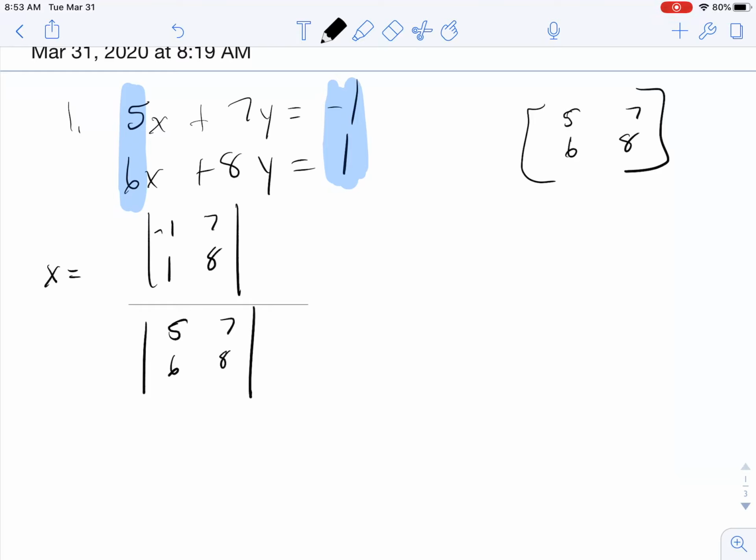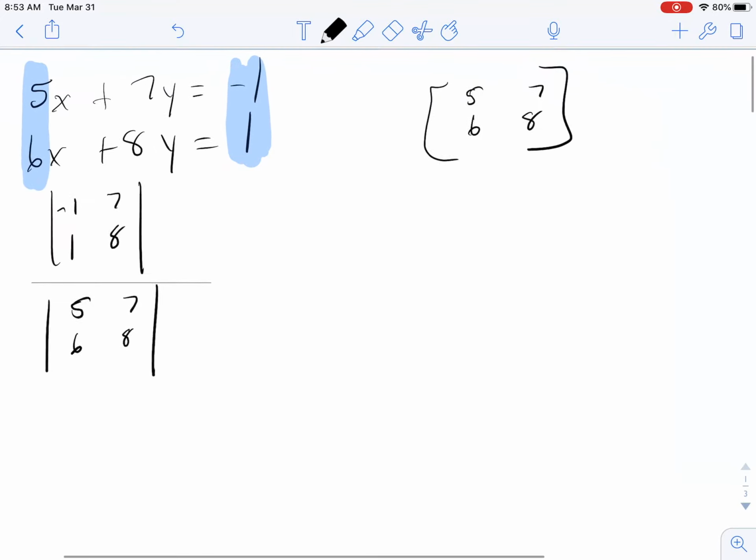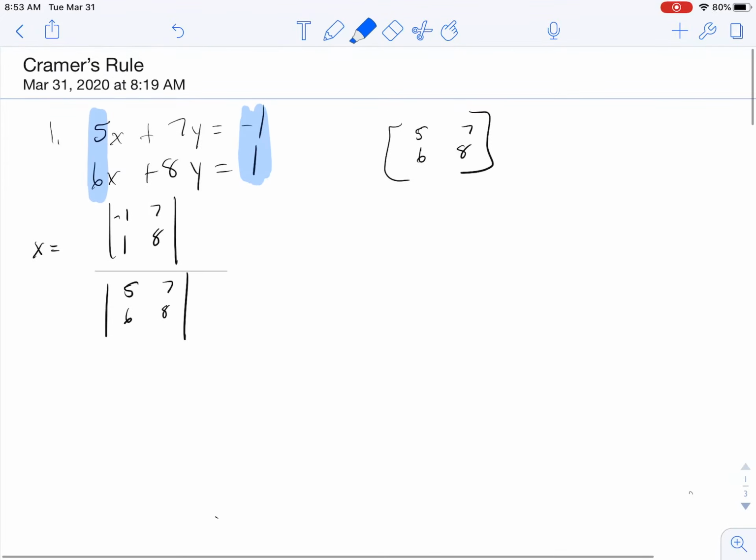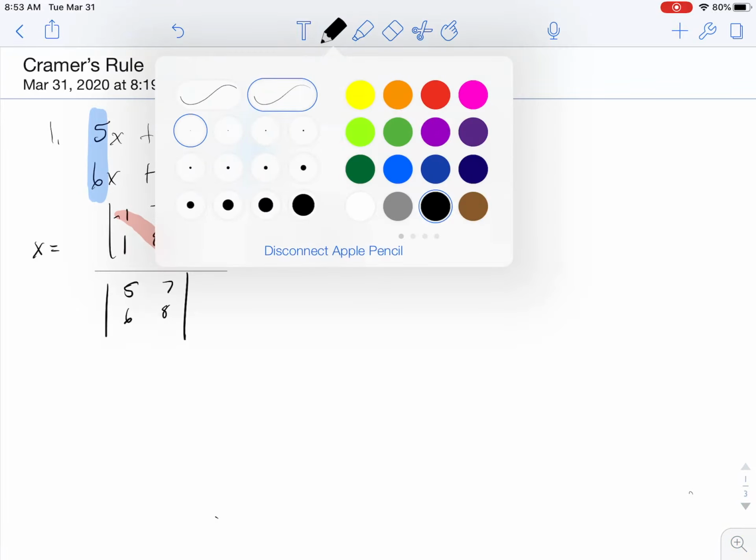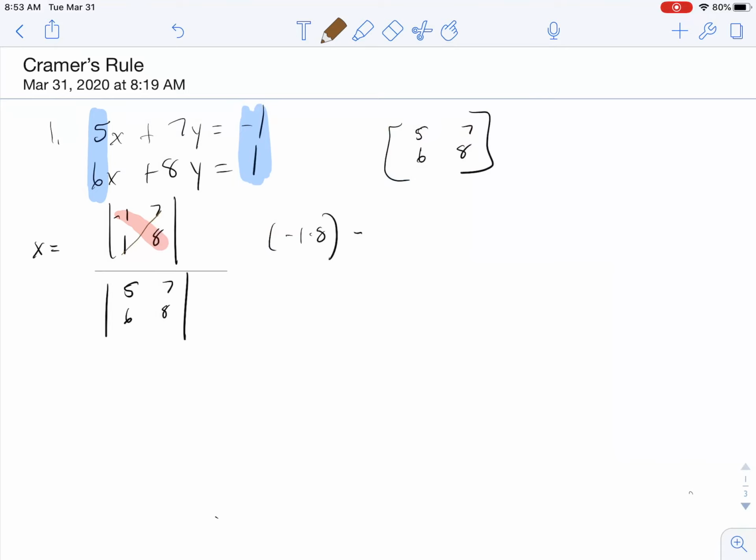Remember, you can watch my previous videos if you need to refresh on determinants, but to find the determinant, you can just take -1 times 8. All right, multiply that, minus the second diagonal, which is 1 times 7.